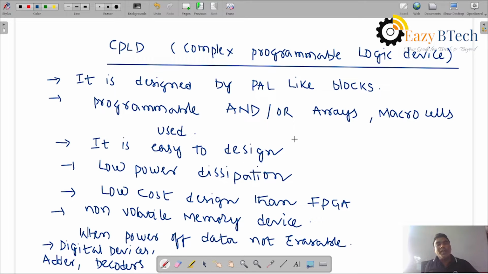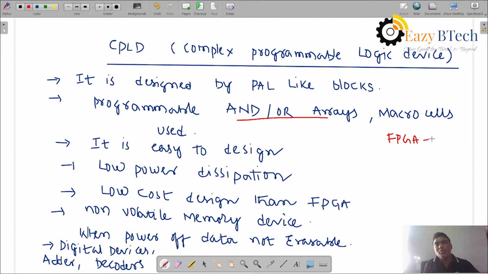So we can write this as a comparison between CPLD and FPGA. It is easy to design, but complex to design in FPGA. Low power dissipation, but high power dissipation in FPGA. Low cost design, but high cost design in FPGA. Non-volatile memory, but FPGA is a volatile memory. CPLD is programmable AND OR, whereas FPGA is designed by lookup tables.